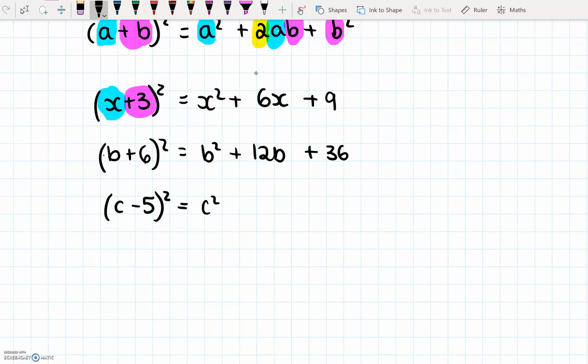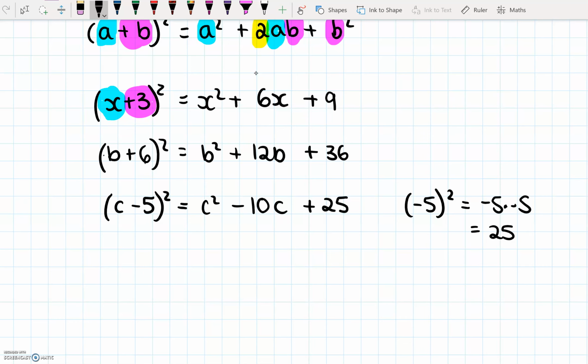Our last term squared, and as I said, here what we actually have is minus 5 squared, which means minus 5 times minus 5, which becomes 25, and it's positive now because it's a negative times a negative. So we're going to have plus 25. All right, then multiply them together. So minus 5 times c is minus 5c, and double that is minus 10c. And that's it. This is the shortcut.